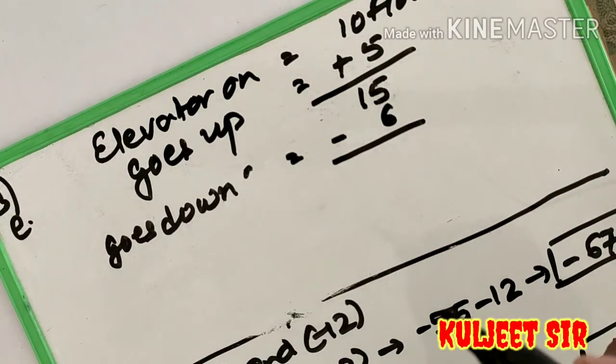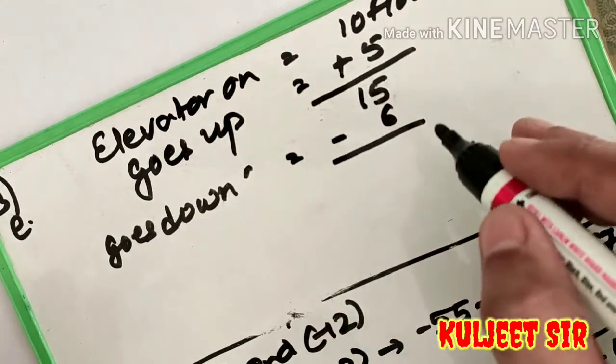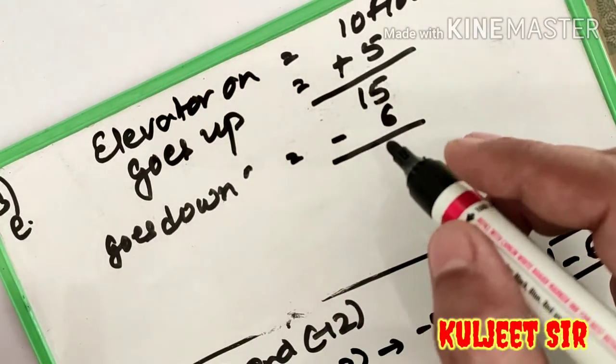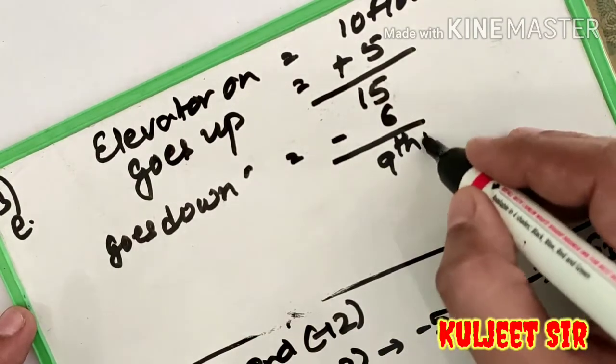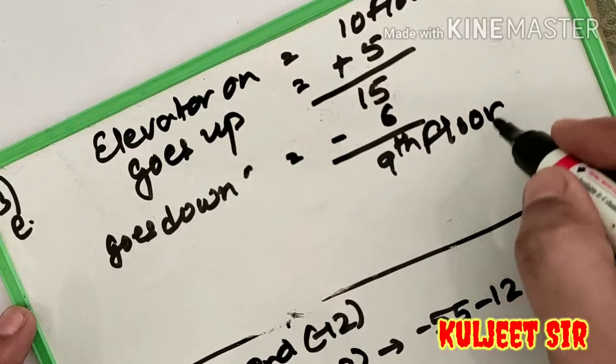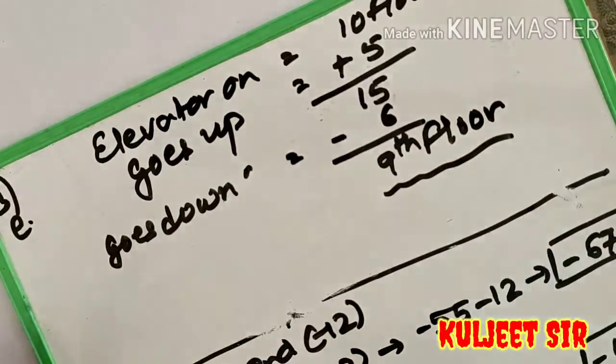It was on the 15th floor. Now it has gone down 6 floors. So the question is, it is on what floor now? It is on floor number 9. The answer is 9th floor. So when you subtract 6 from 15, you will get your answer as 9. And that is where the elevator is right now.